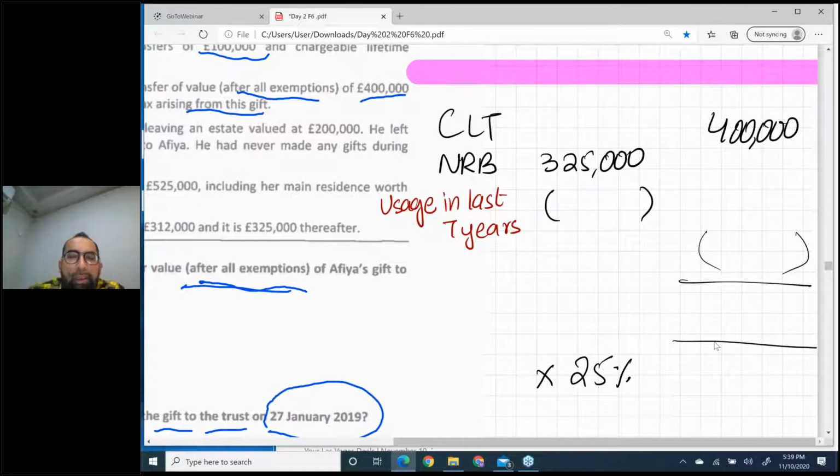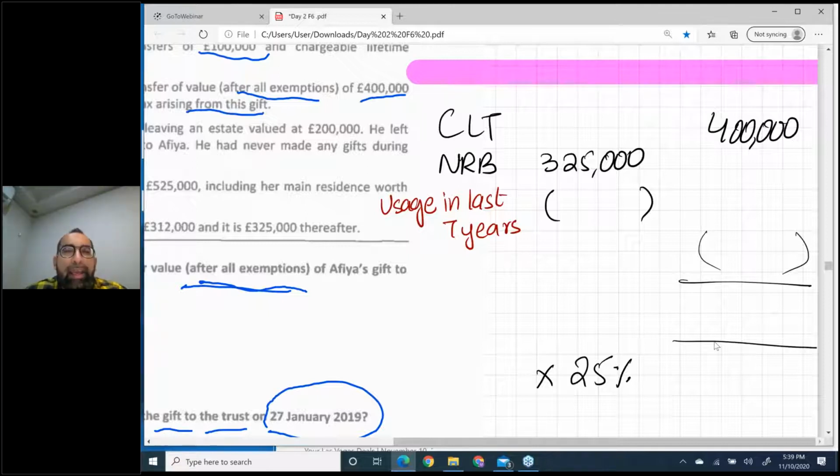And you can see in this fiscal year, your normal NRB is 325,000. But always, dear students, NRB is always for 7 years. So you just see 7 years back.